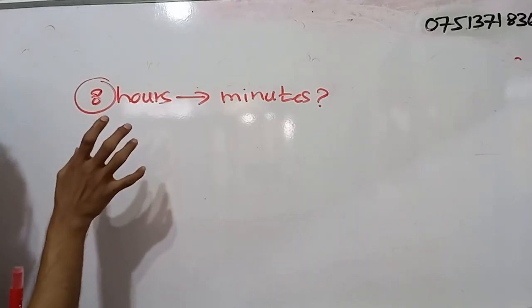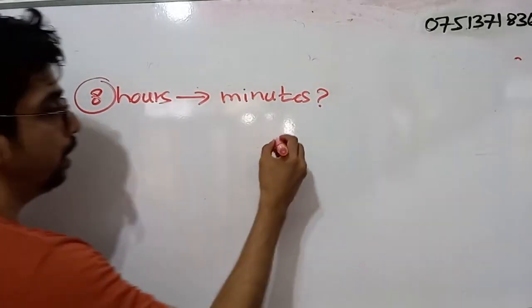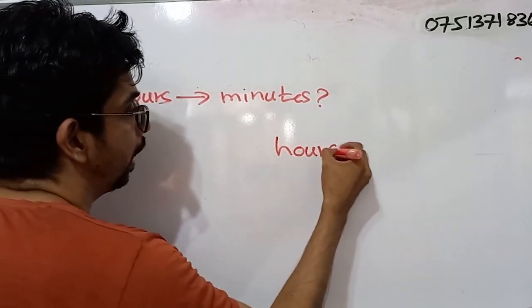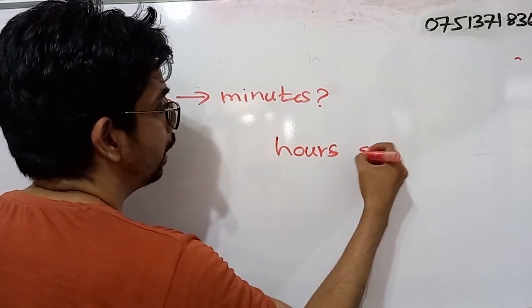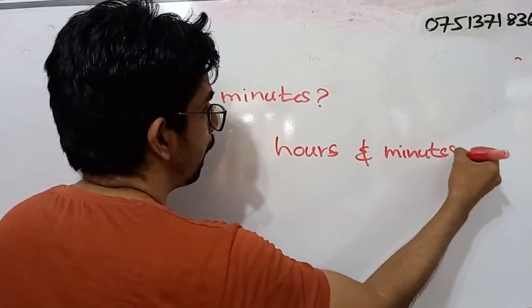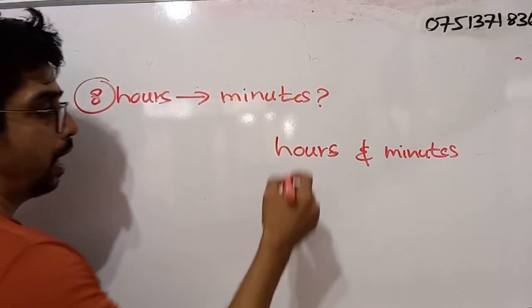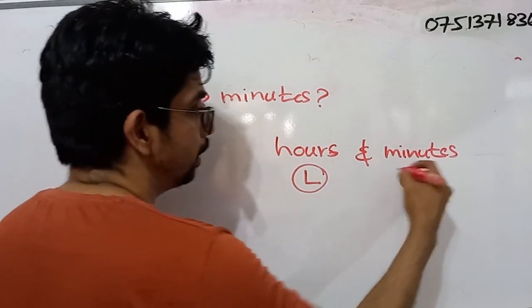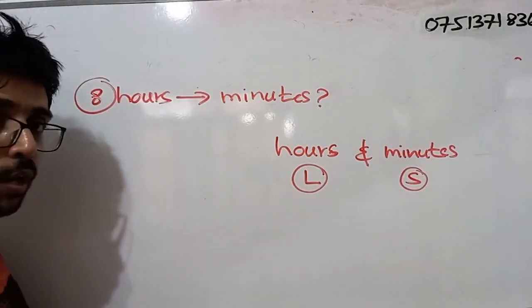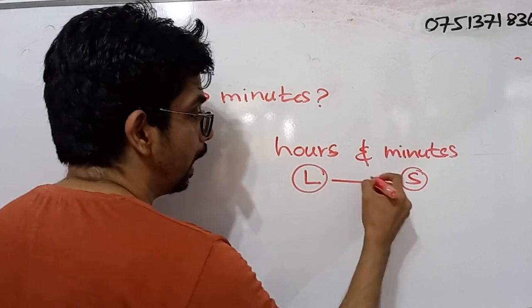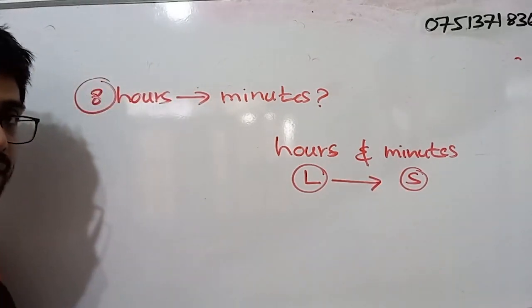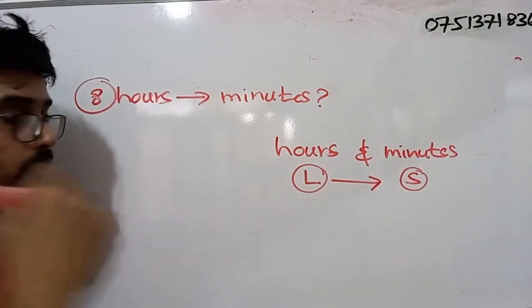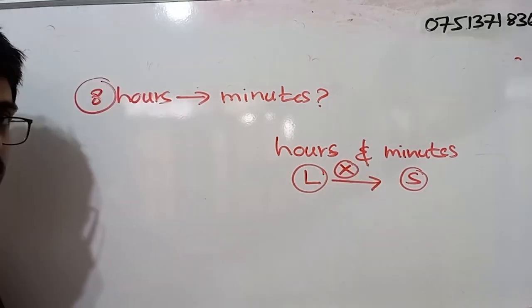First of all, when we compare hours and minutes, hours is the larger unit and minutes is the smaller unit. So here we have to convert a larger unit into a smaller unit. Then we have to multiply.